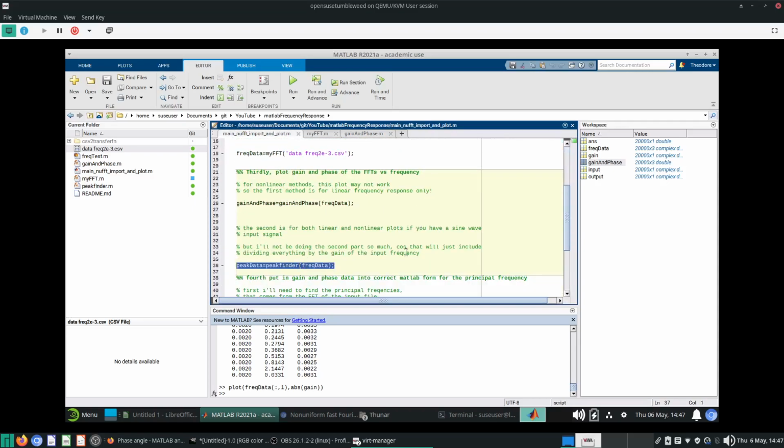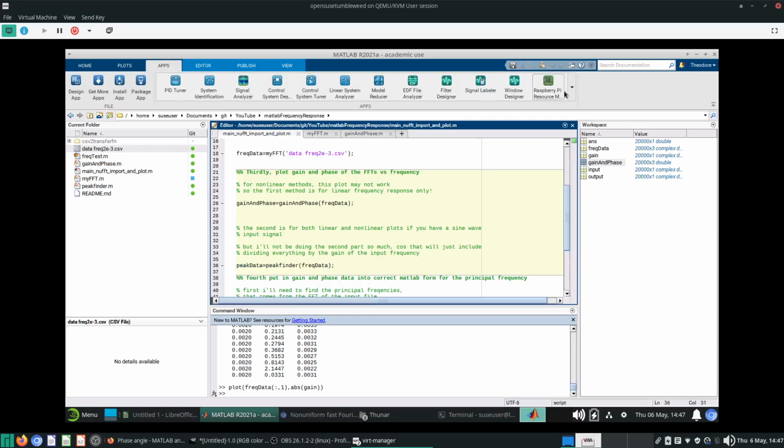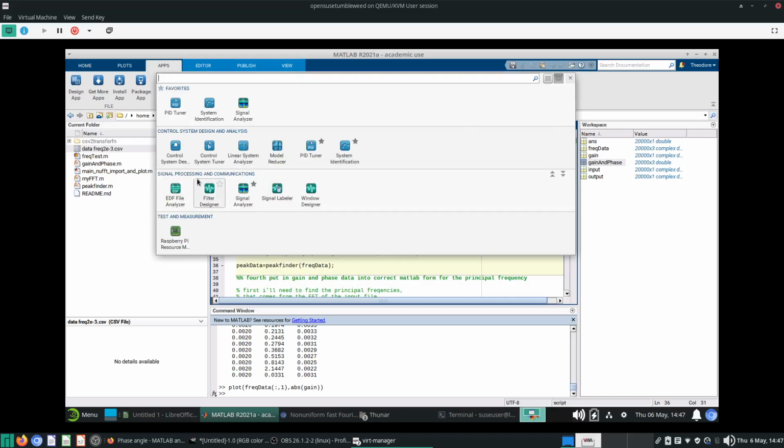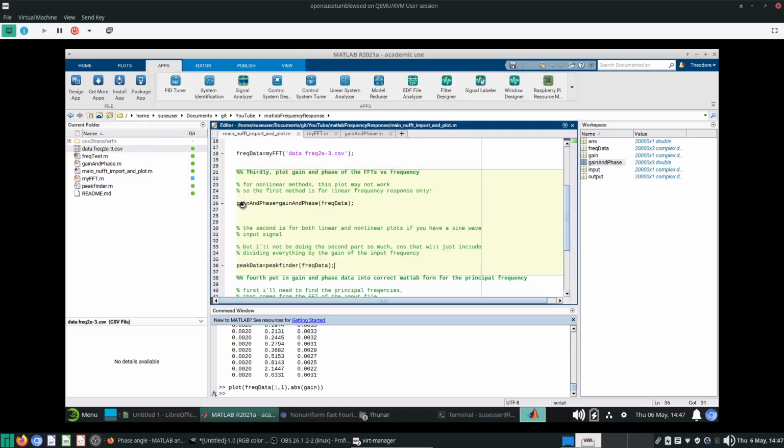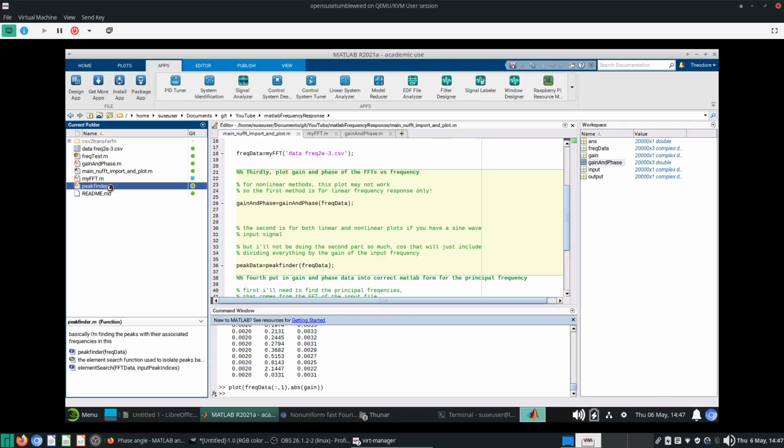The way we do it is using the signal processing and communication toolbox. This will help you to analyze your signals. I have not used it directly, but I used it in script mode. Let me show you my peak finder script.